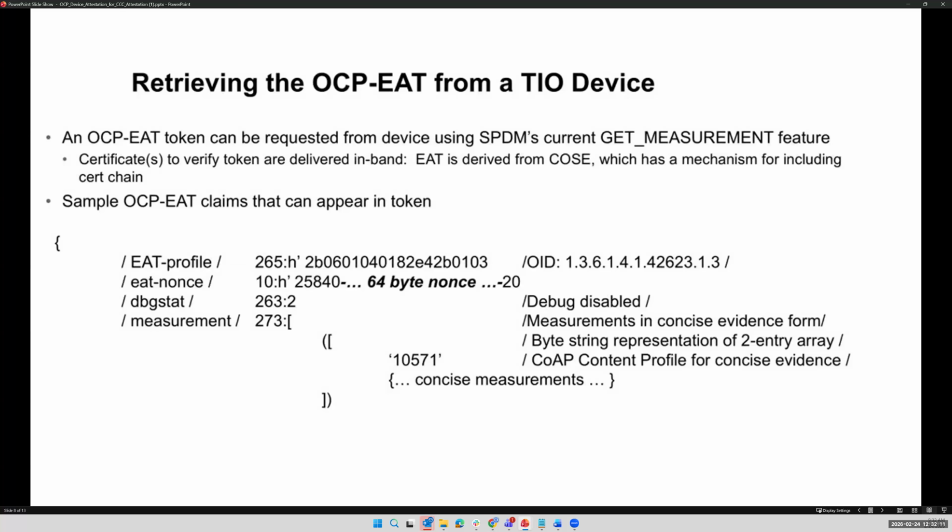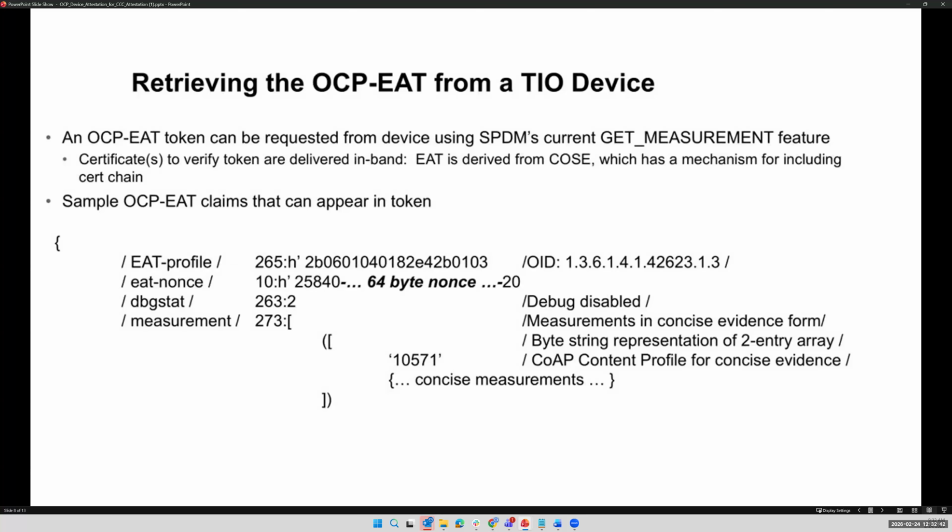An OCP EAT token can be requested from the device using the SPDM GET_MEASUREMENTS message. And there is a pretty big difference from the standard SPDM handshake. The standard SPDM handshake is related to SPDM as a transport, and certificates can be delivered from the device to the host using a GET_CERTIFICATE command.